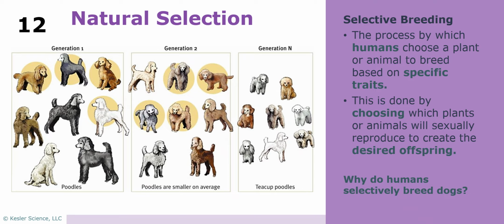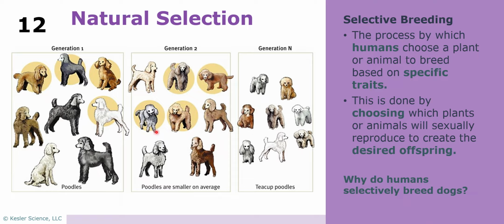So if you look at the image here, you'll see in the first generation, all of the poodles have some different sizes. Some of the poodles are a little smaller, some are a little taller. So what did these people do? They took the small poodles, maybe this light brown one here, maybe that light brown one, those are pretty small. This white one's kind of small. And they bred together these smaller poodles to get another generation where the poodles on average are smaller.